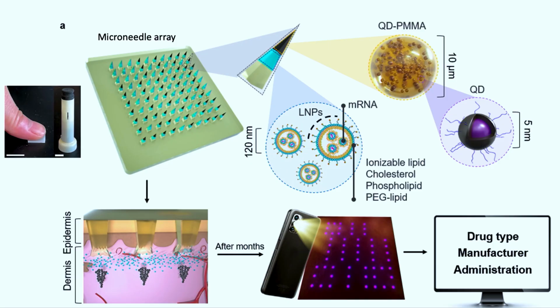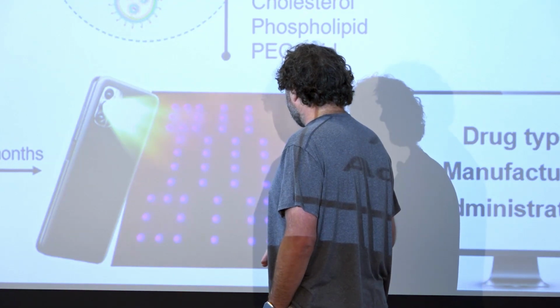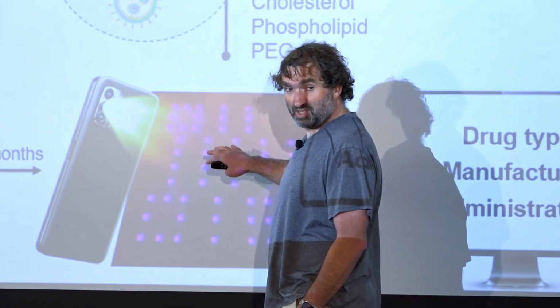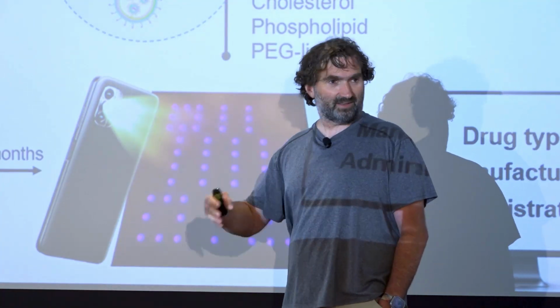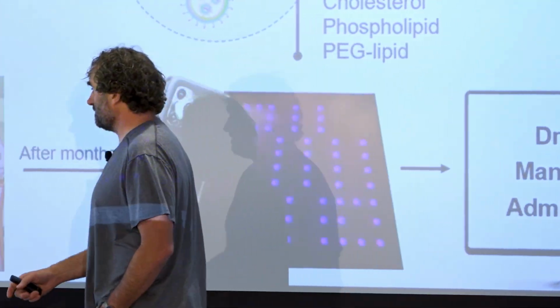And they add some markers that are invisible to the naked eye, but that can be decoded under a little bit of UV light. Some of these needles are going to be on, some are going to be off. After a few months, you come back, you use some regular camera with a little bit of exotic lighting, and you can figure out which dots are on or off, and you get a binary code that can encode all this information that you're interested in.